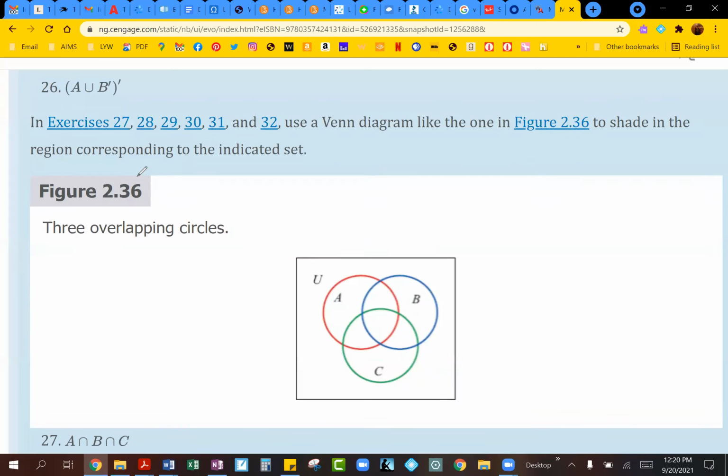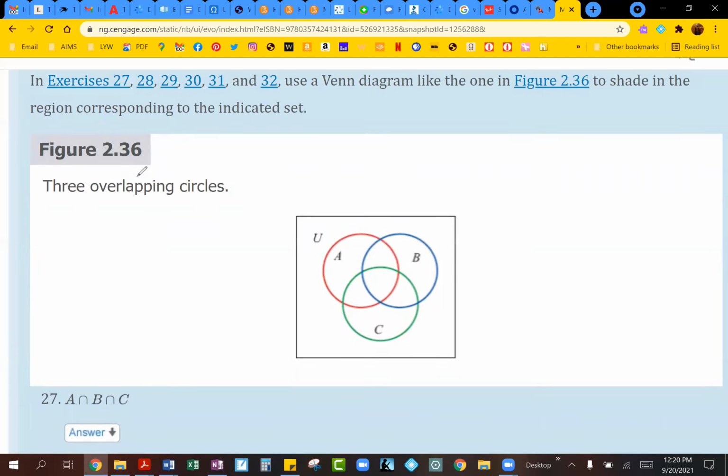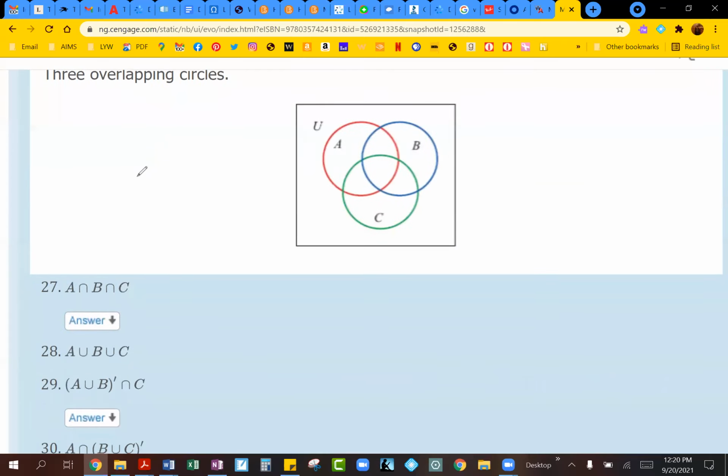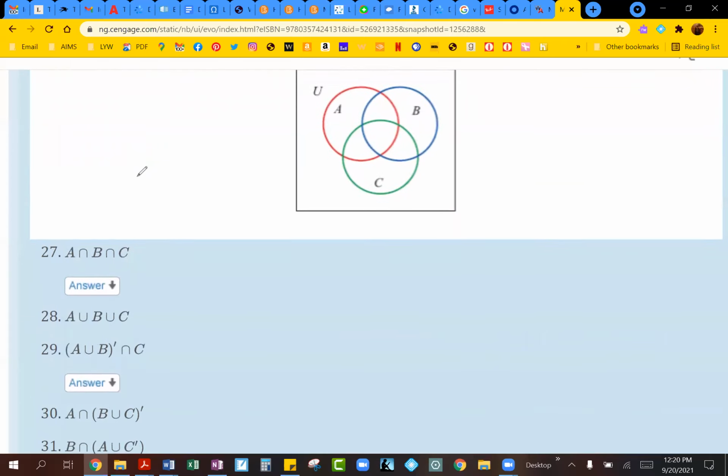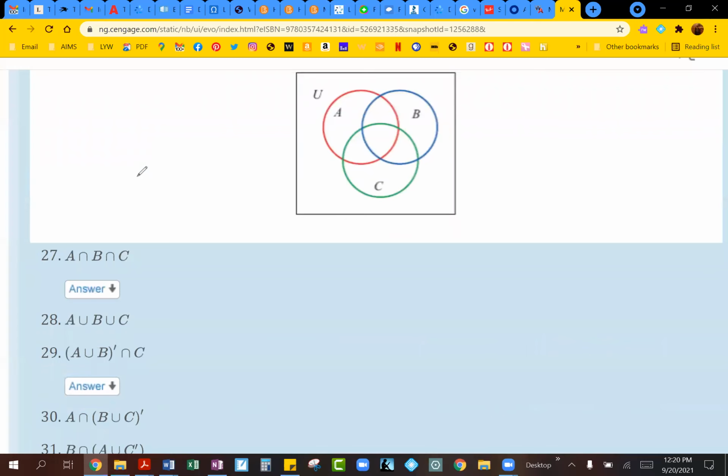We had done this in 2.1 also, but now we're looking at 3 overlapping circles. So number 30, I'm trying to keep the Venn diagram in the picture so we can have it for reference, but here is number 30 that they're asking us to work on, towards the bottom of your screen.